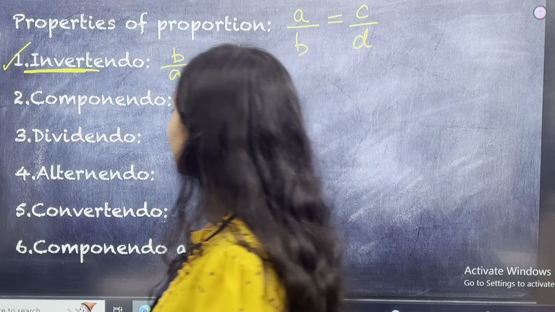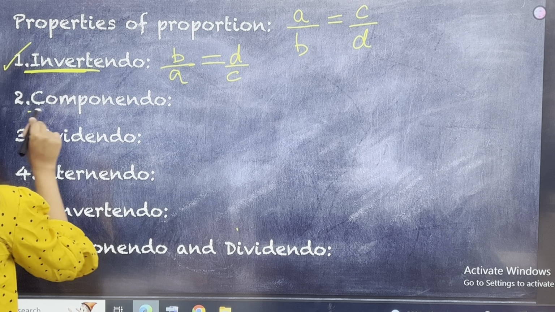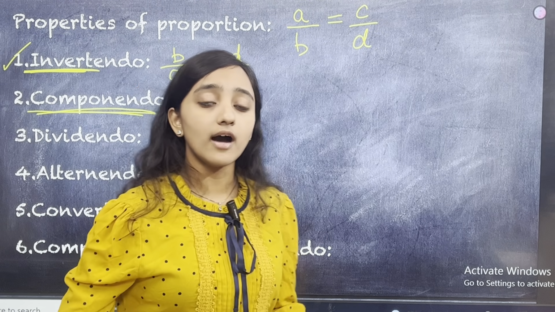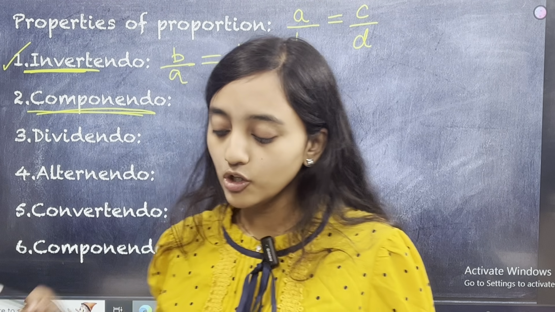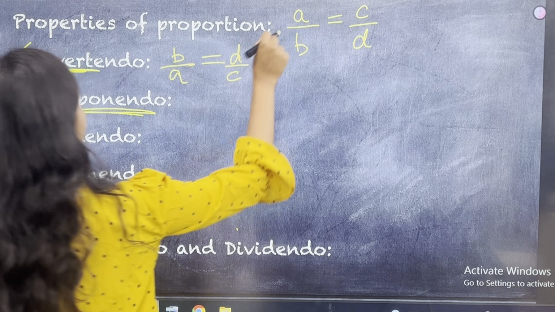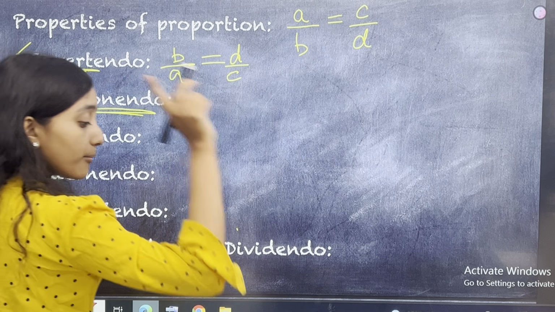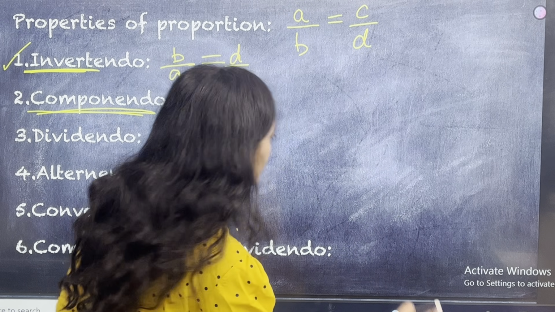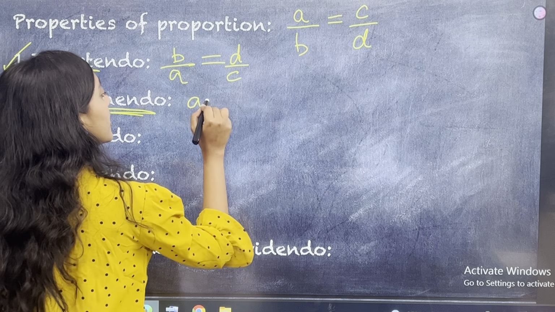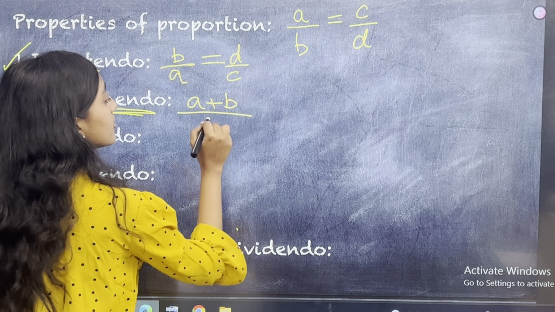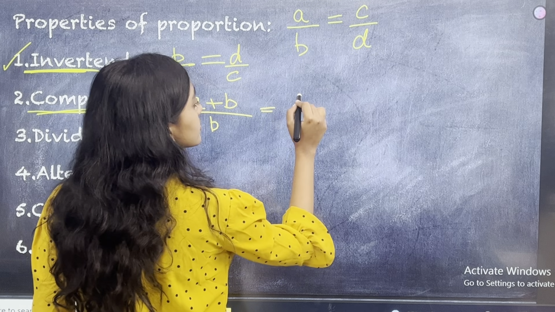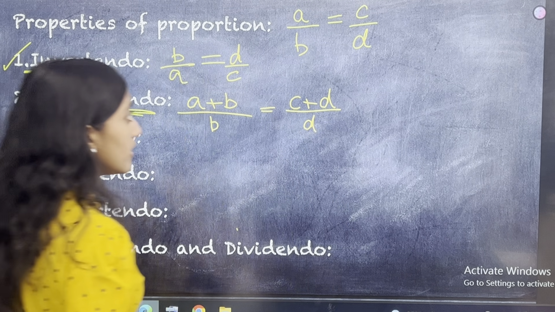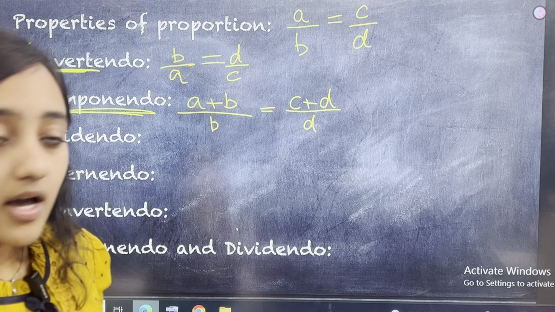Next, what is componendo? Componendo just means you have to do addition in the numerator. So you have A by B. Please remember this, componendo is the most important part of proportions. A plus B by B is equal to C plus D by D. Did you understand what I just did?